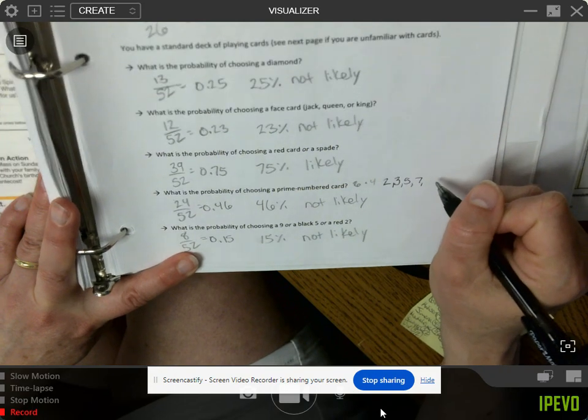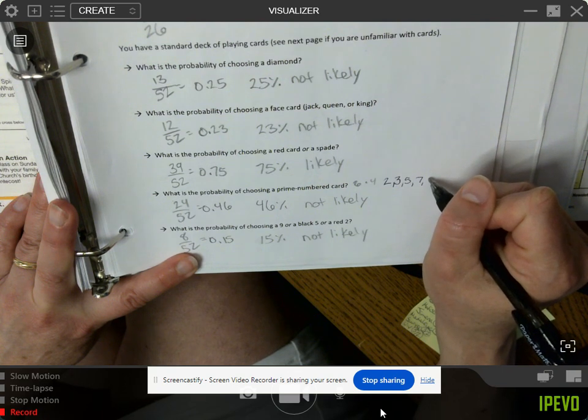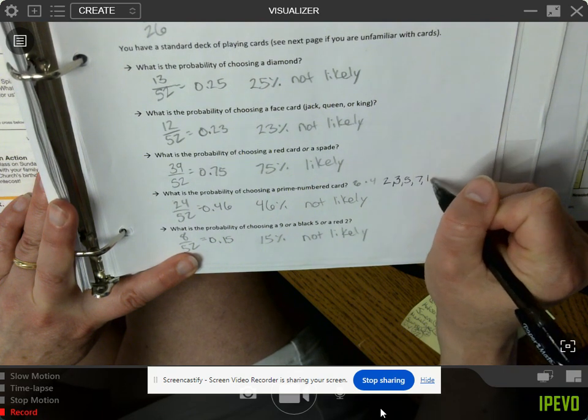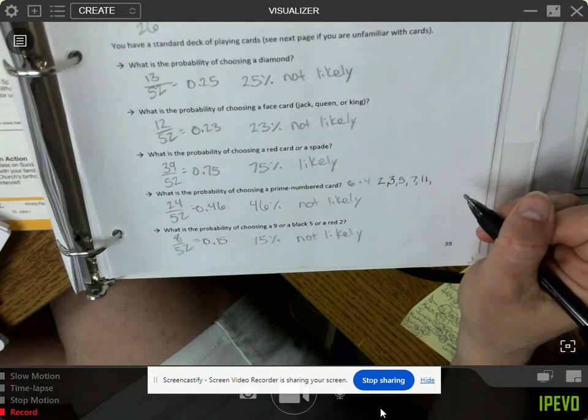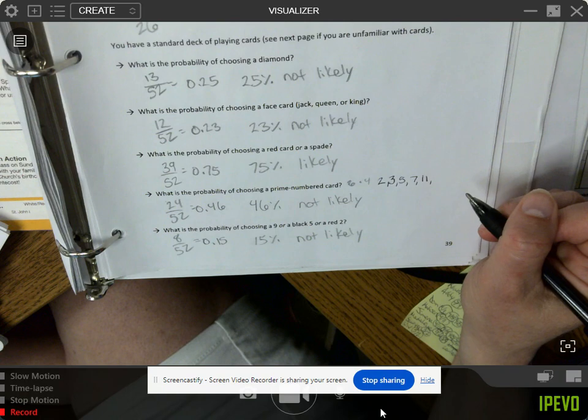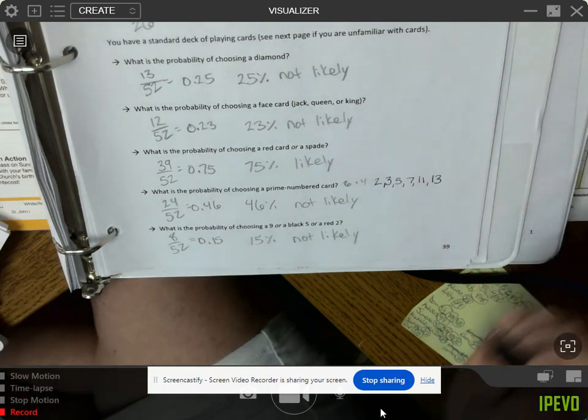It can be broken down into 4 and 2. 9 can be broken into 3 times 3. 10 can be broken into 5 times 2. 11 is a prime. 12 is not a prime. That queen is worth 12 points. That is 4 times 3, 6 times 2. But 13 is a prime.